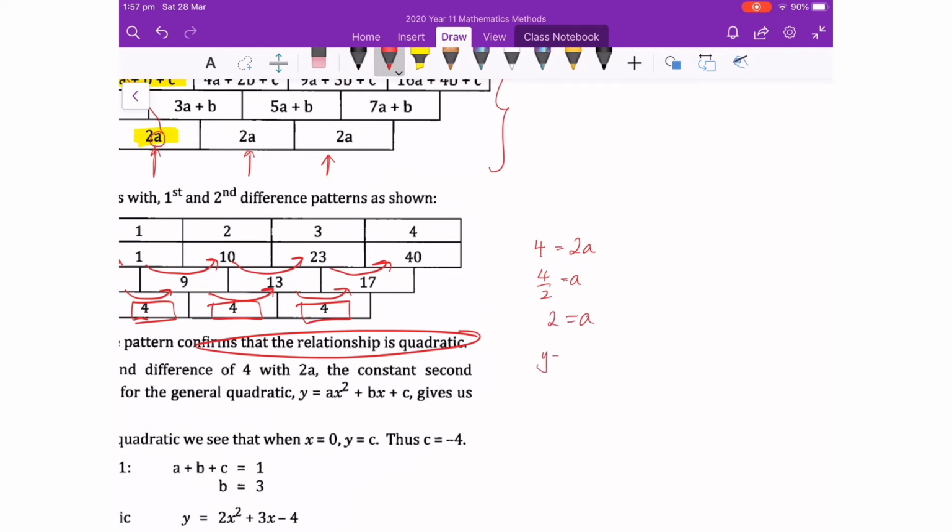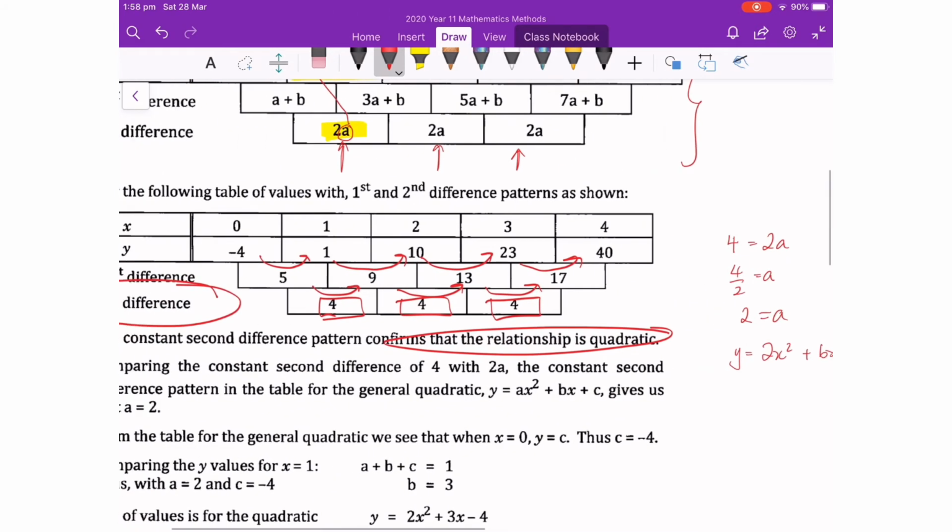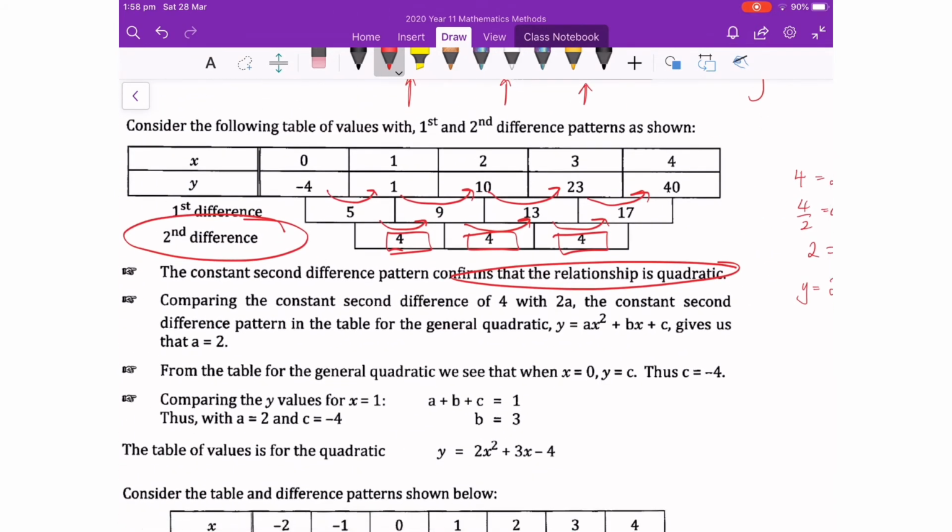So at the moment, my current rule is this. Okay, so we're going to see if we can use the rest of the notes to find out what b and c are, to find my final rule. From the table of the general quadratic, we can see that when x equals 0, y equals c, because that y-intercept is always the case for when x equals 0. So when I look at my coordinates, I can see right here that my intercept is going to be -4.